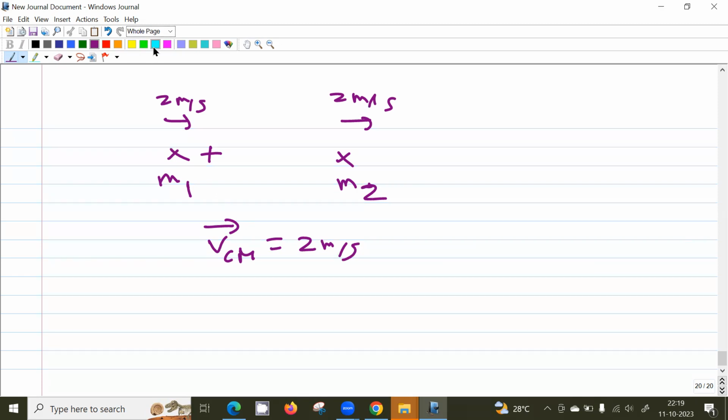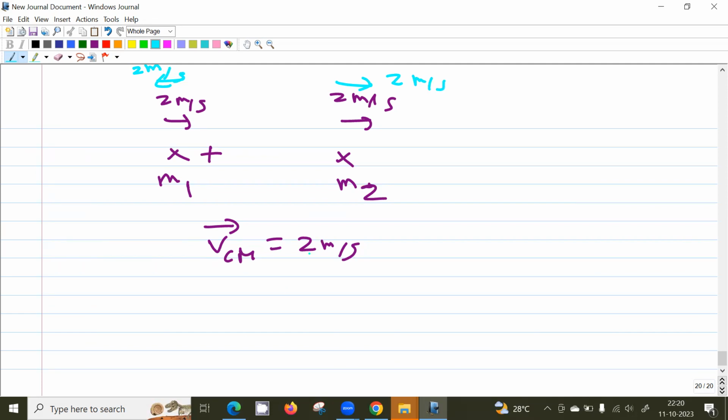But suppose I take a second example, where the first mass is moving towards the left by 2 meters per second, and the second one is moving towards the right by 2 meters per second.